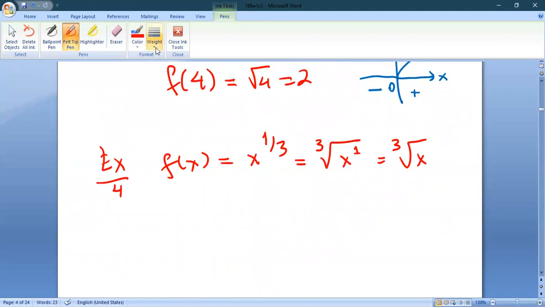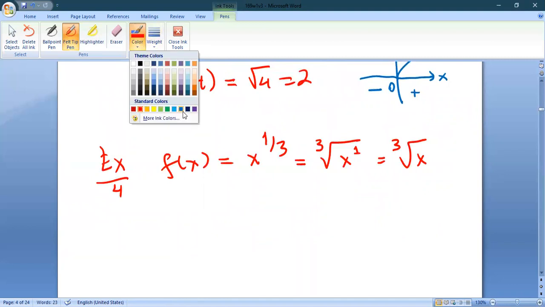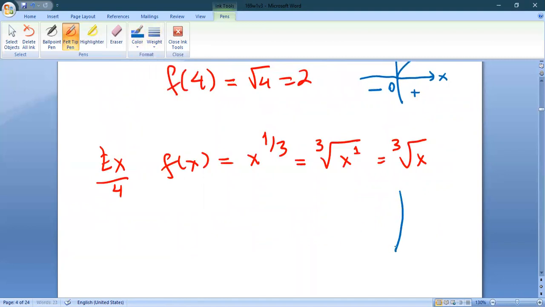The graph of this function looks like this. So it looks like kind of square root of x, but it is also defined for negative numbers like this.